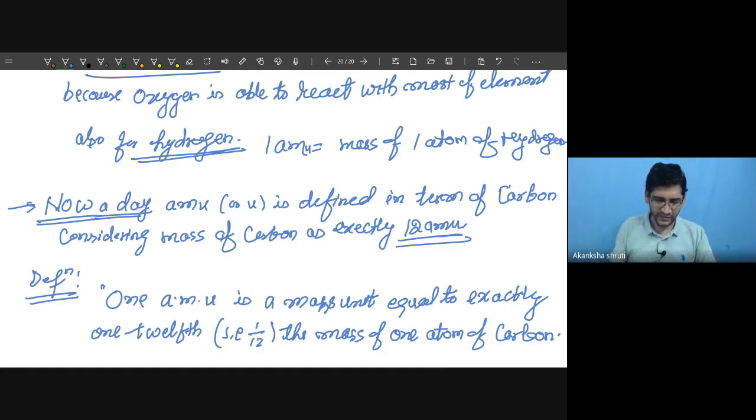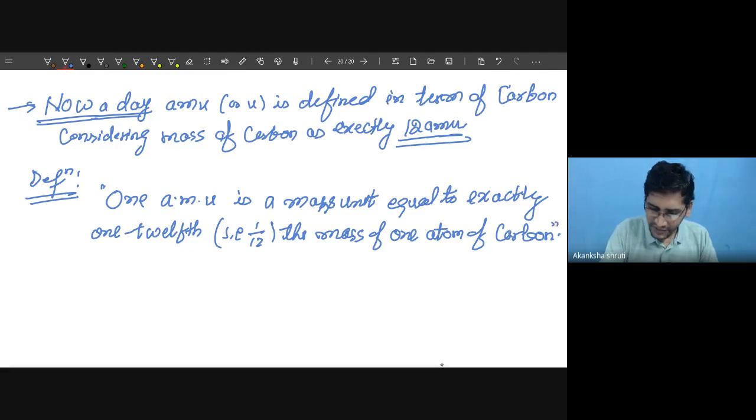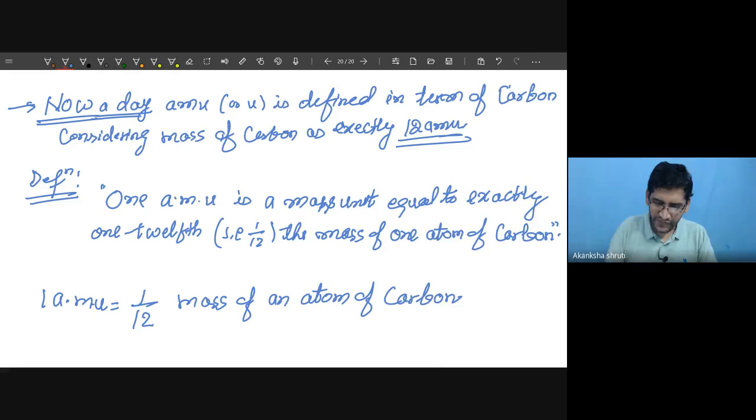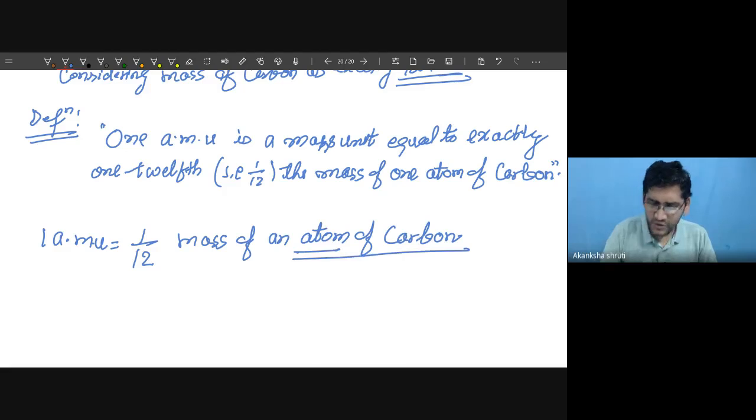So what is this AMU? Students, write this: 1 AMU is equal to 1/12 the mass of an atom of carbon. So one atom we need to consider.